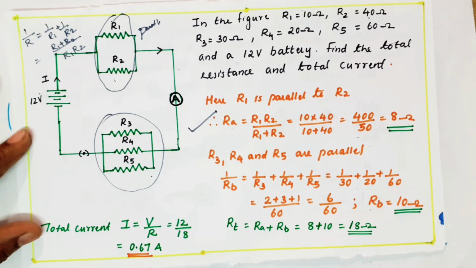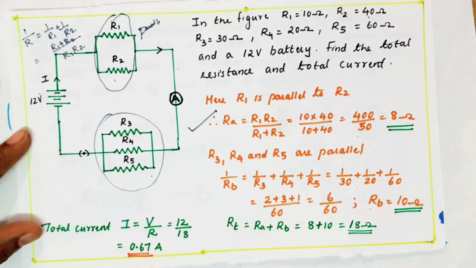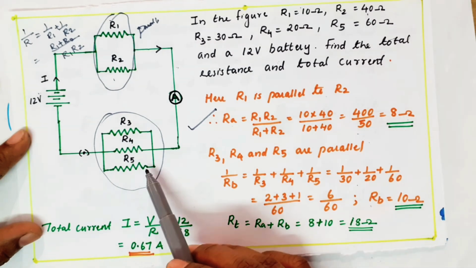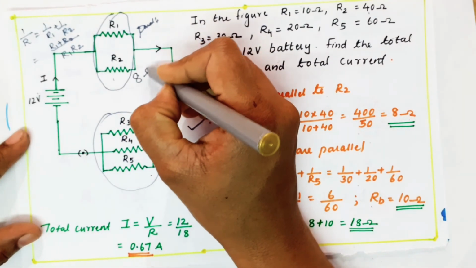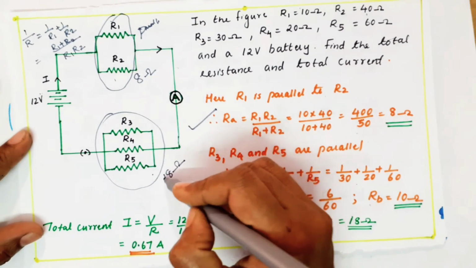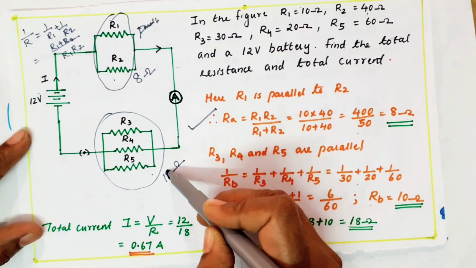Now for my circuit, I have here one resistance, here also one resistance. What is my resistance here? 8 ohm. What is my resistance here? Sorry, this total together I got 10 ohm. What is my total resistance?